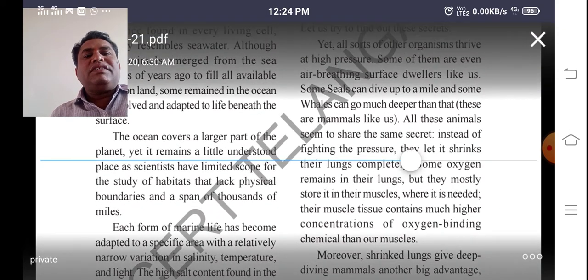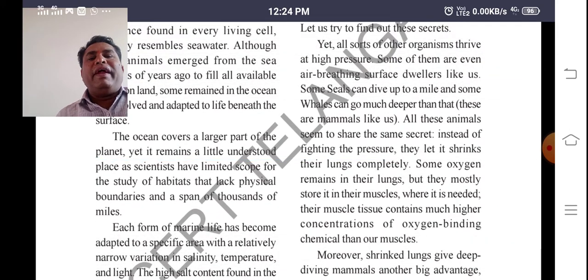The ocean covers a large part of the planet, we know that. When you take water and earth, earth is just 30% only, water occupies 70%. We know that the ocean covers a large part of the planet, yet it remains a little understood place, as scientists have limited scope to study habitats that lack physical boundaries and span thousands of miles.